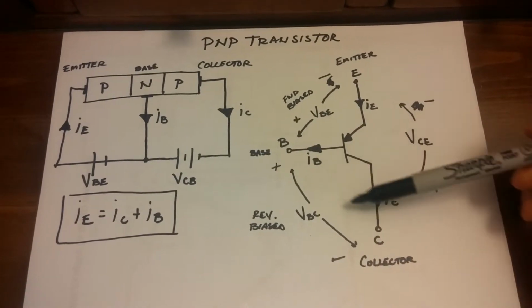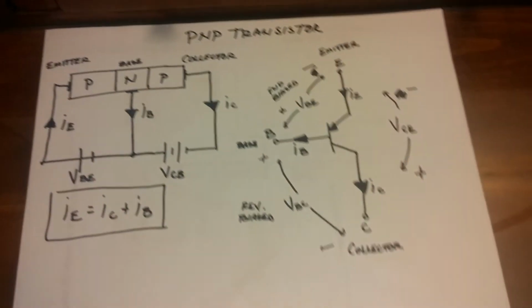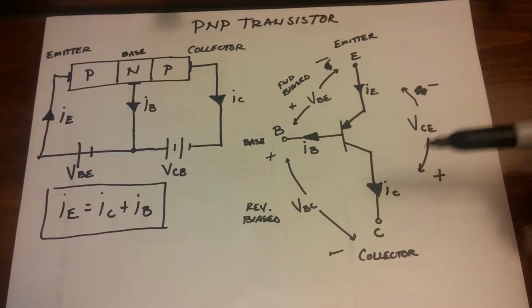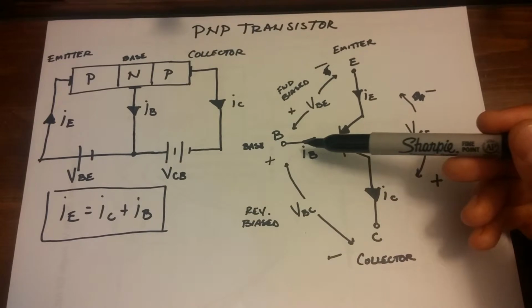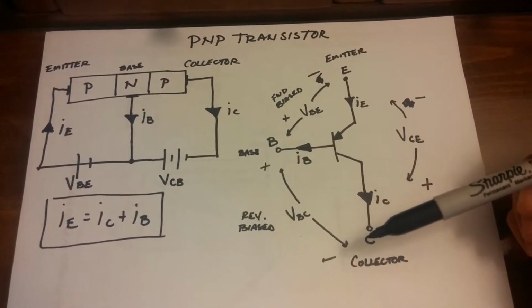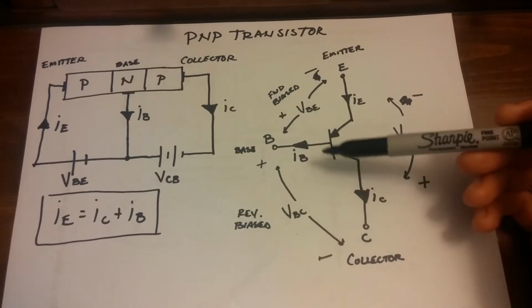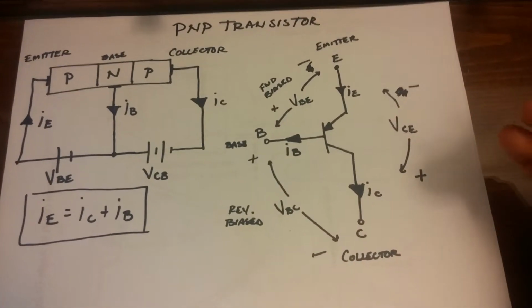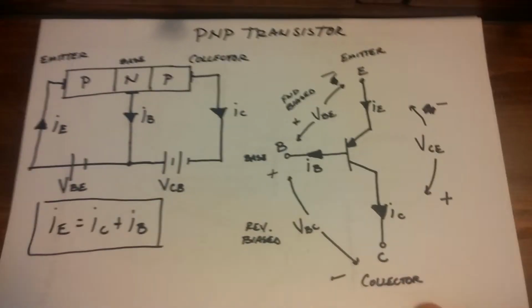And the voltage between B and C is reverse biased, and that would mean that there's more potential here at the collector than at the base, and that explains why current flows out of the base. Anyway, I need to move on.